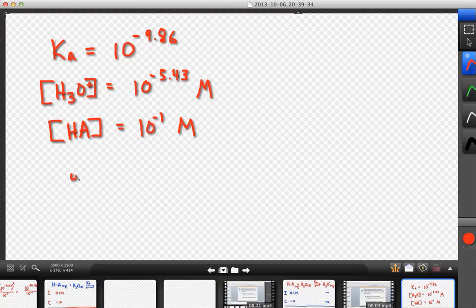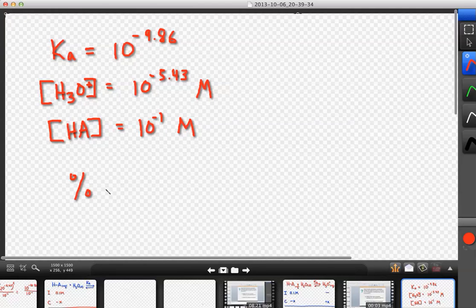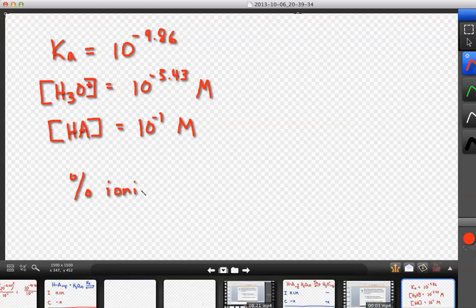The percent ionization is a pretty simple calculation. It is mathematically equal to the concentration of hydronium at equilibrium divided by the concentration of undissociated acid from the beginning. So if you have a strong acid that completely dissociates, its percent ionization is 100%.